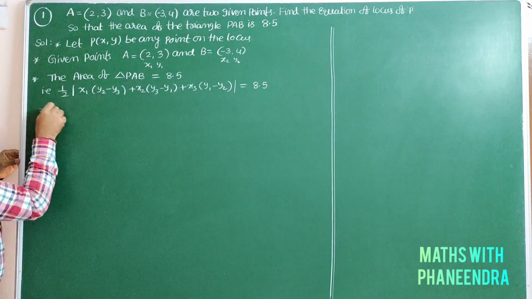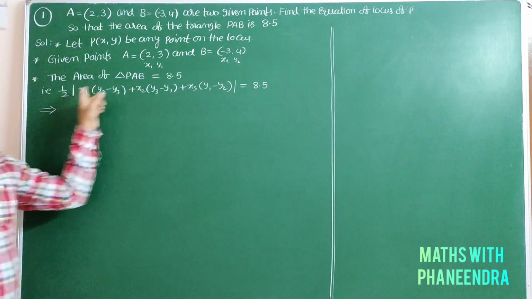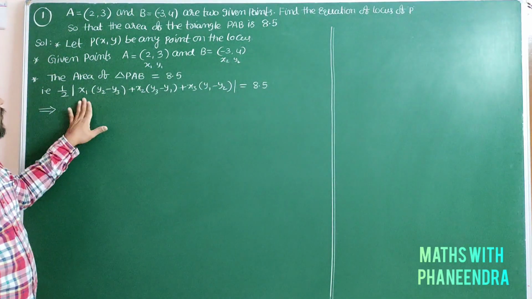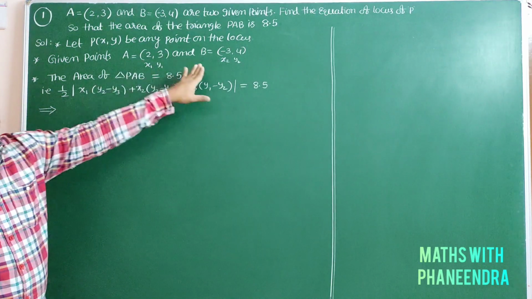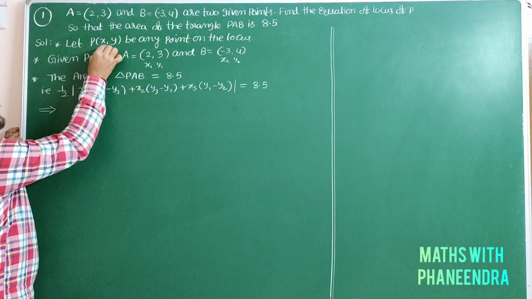That implies, taking 2 to this side, in place of x1, y1, x2, y2, x3, y3, substitute these values. This is obviously x3, y3, the locus point.